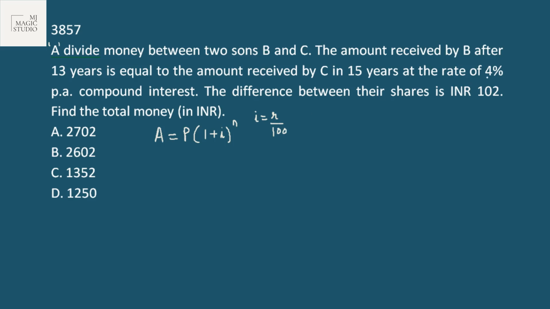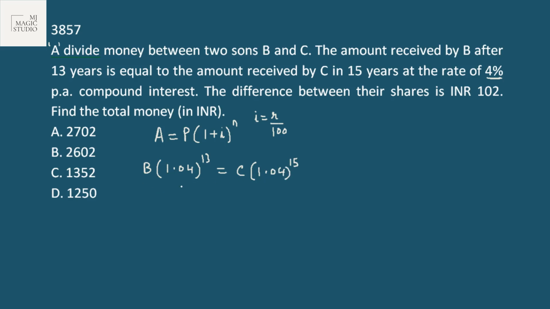Here the interest rate is given at 4% per annum. So the amount received by B after 13 years would be B into 1.04 to the power 13, which is the same as the amount received by C after 15 years, C into 1.04 to the power 15.